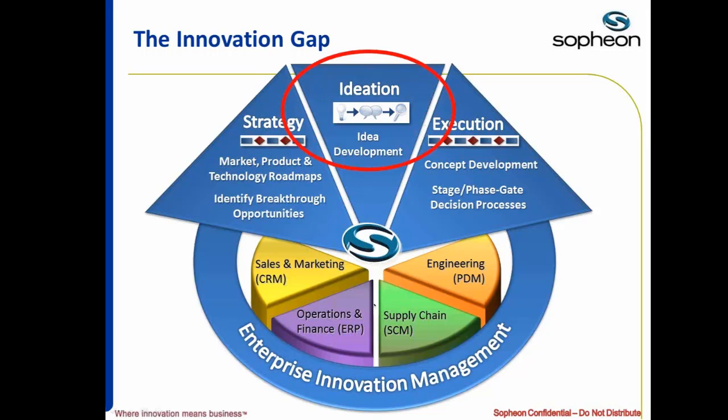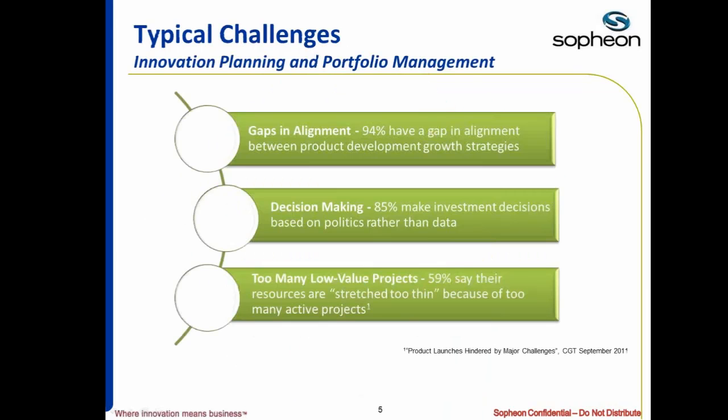Because ideation can be used to link our strategy, our ambitions about what we want our company to be, and the execution into the new product development process, as well as the post-launch and the sale and revenue profits of our products.